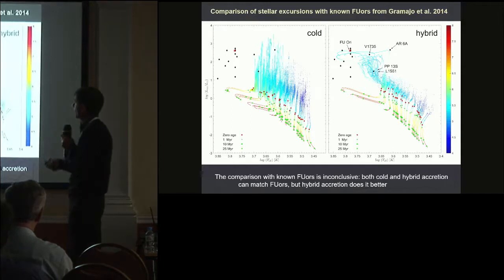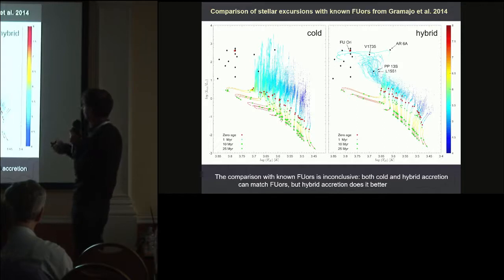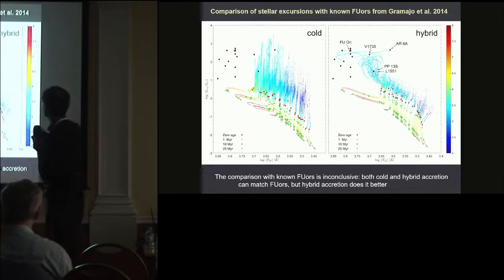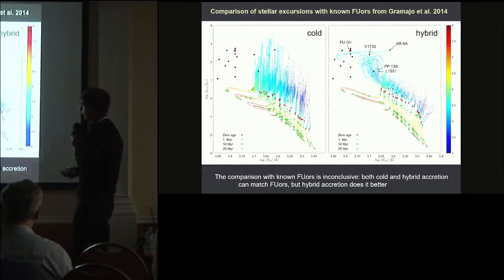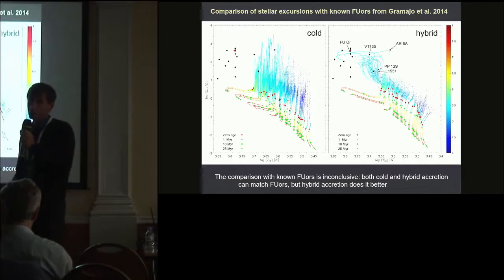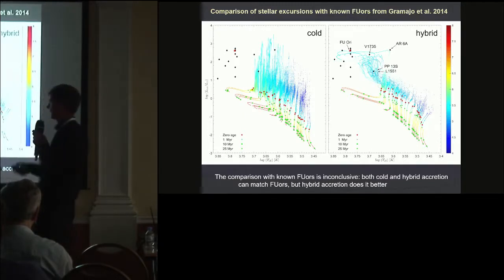substantial. Again, a comparison now with the known FU Orionis stars. Here we put different FU Orionis stars that we know from this work. And here is the hybrid accretion. Again, we can see that we can reproduce at least part of these stars. This is the case of cold accretion, by the way, so this is when no accretion energy is absorbed by the star.